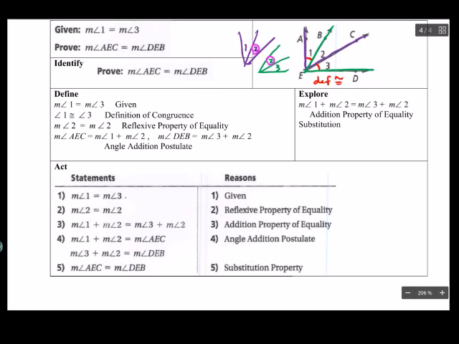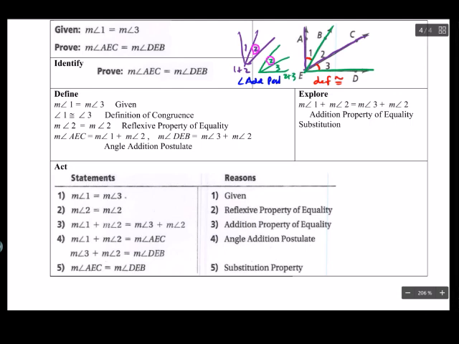So first off, I see our angle addition postulate, right? Purple is 1 plus 2, and green is 2 plus 3. So I can make purple angle, I can make green angle, and I see that they have something in common.